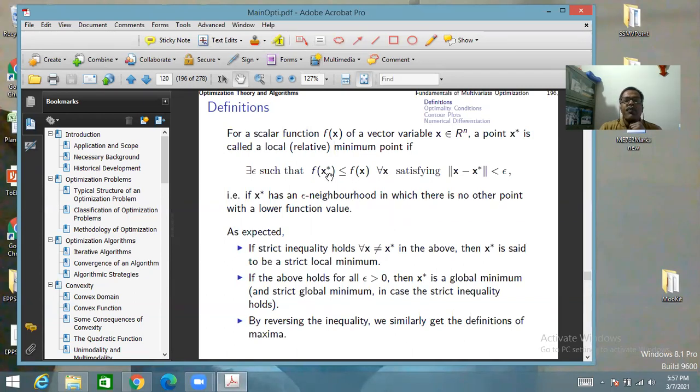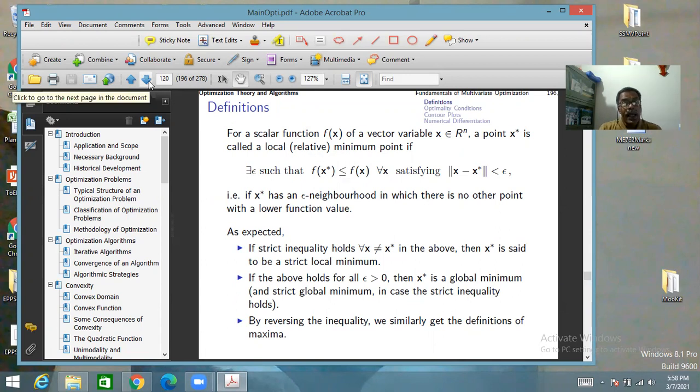And if this holds for all positive epsilon, whatever large it is, then we will call it a global minimum point. And again, if strict inequality holds for all epsilon, then you will call it a strict global minimum, right? And all these definitions with the inequality reversed will give you the definitions for maxima.